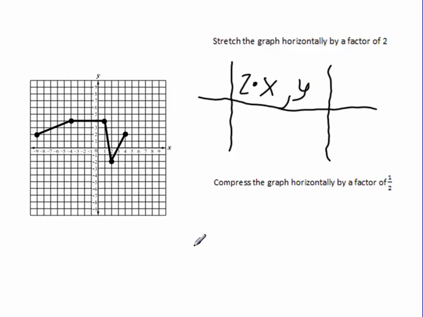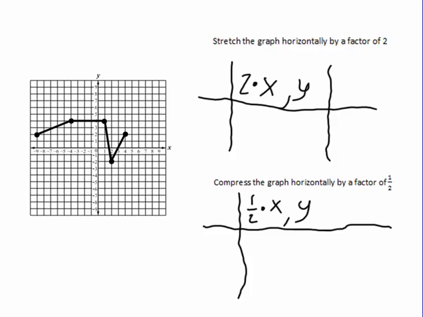And then you'll have your new points. And for the last chart, we'll have 1/2 times x comma y. And there'll be your old points here, and your new points here.